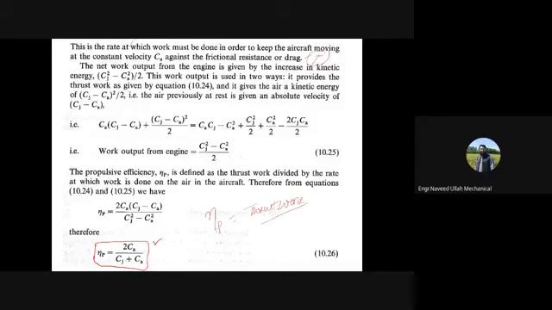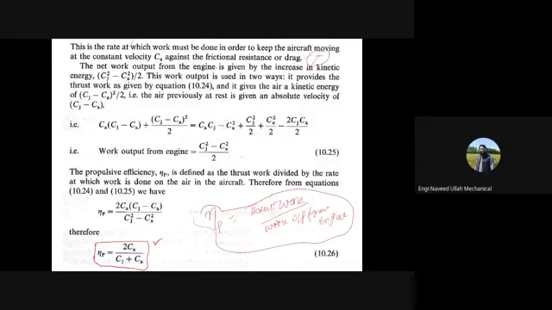And then we have work output from engine. इंजन जितना आपको वर्क आउटपुट देता है और उसमें से जो थ्रस्ट प्रोड्यूस होते हैं ना, उसको हम कहते हैं प्रोपल्सिव एफिशिएंसी.